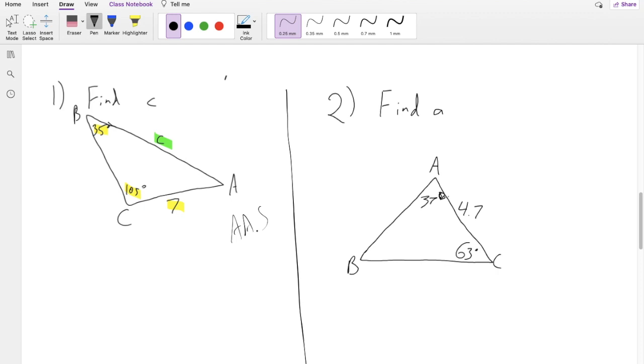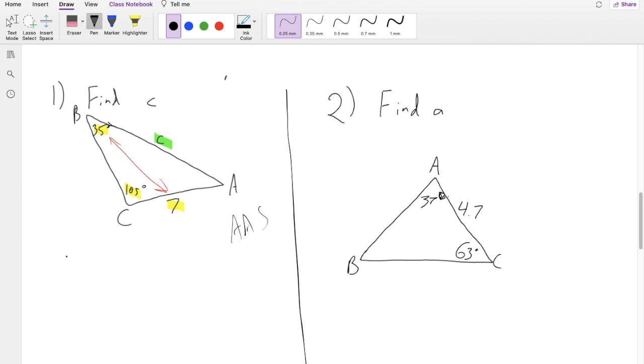In order to do the law of sines, we need to make sure that we have a completed ratio already. What I mean by a completed ratio is that we have an angle and its opposite side with numbers. As long as we have that, we can set up a law of sine. We're trying to find a side, so I'm going to start by writing the law of sine.